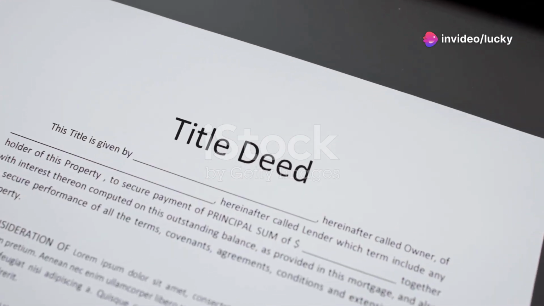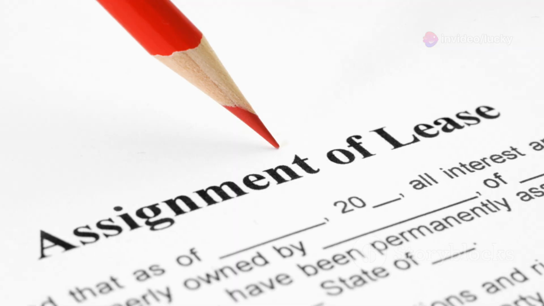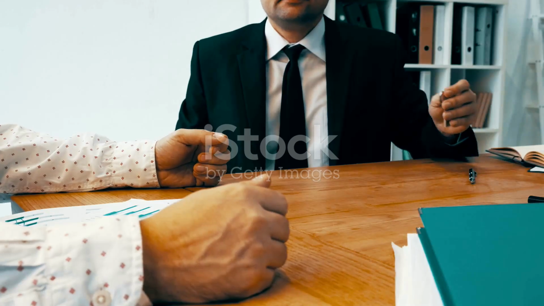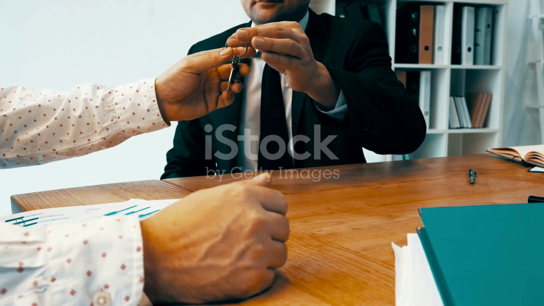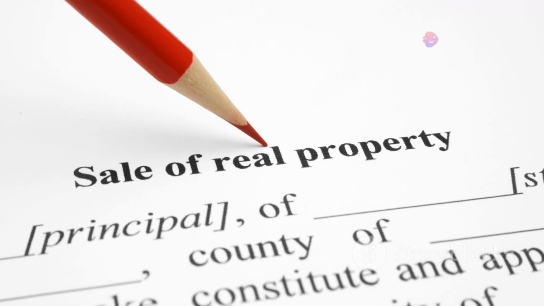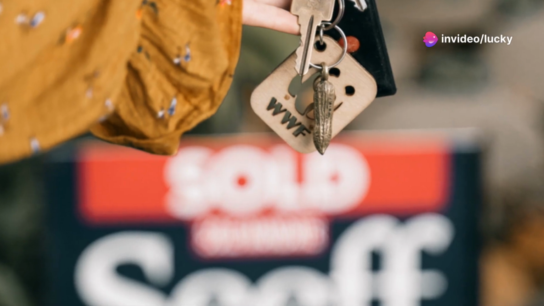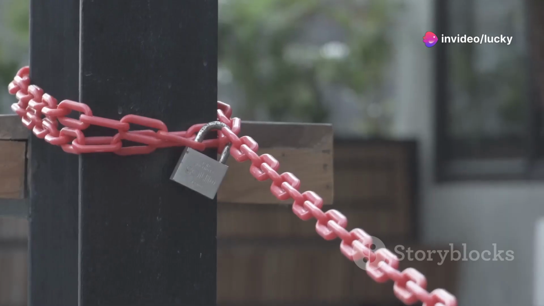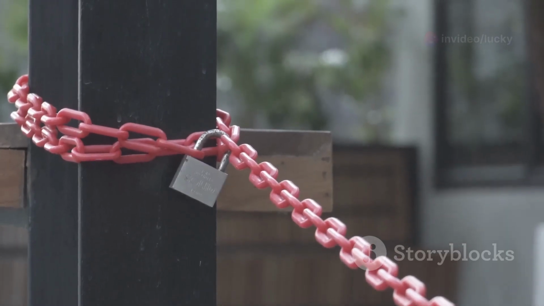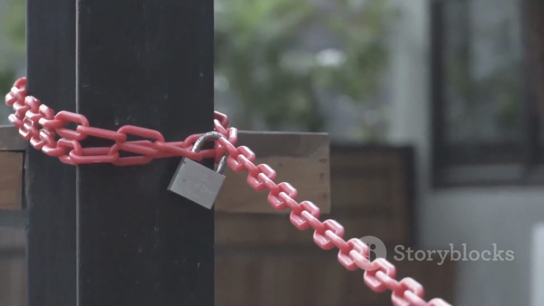Section 7. Restraints on alienation of property. The right to transfer property is a fundamental aspect of ownership. However, certain conditions can restrict this right, known as restraints on alienation. These restraints limit the owner's ability to freely transfer their property to others.